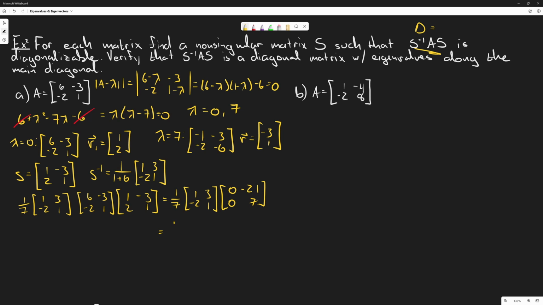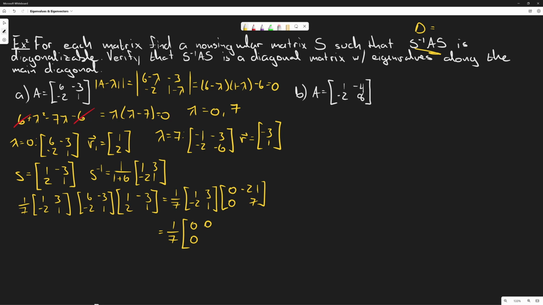Let's simplify this a little bit further. We'll have 1/7, and because we have a column of zeros, that column would just be zeros. And then on the other side we have 1 times -21, which is -21, plus 7 times 3, which is 21. That will give us 0.